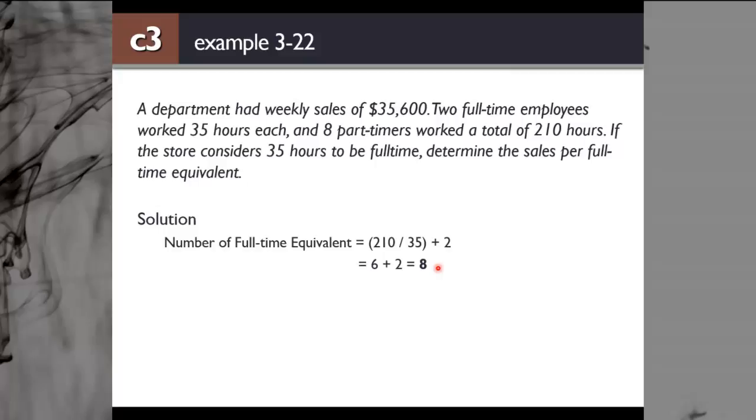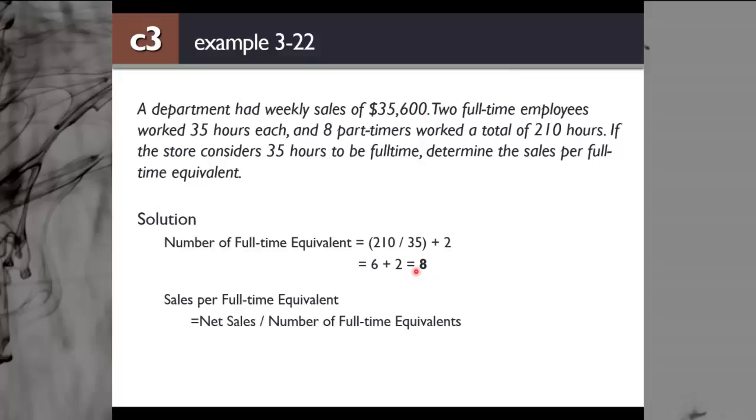So now you can calculate your sales per full-time equivalent. That is your total net sales divided by your full-time equivalent number. Where are your sales? Your weekly sales here is 35,600. So you put that at the top, and at the bottom you put the number of full-time equivalent.